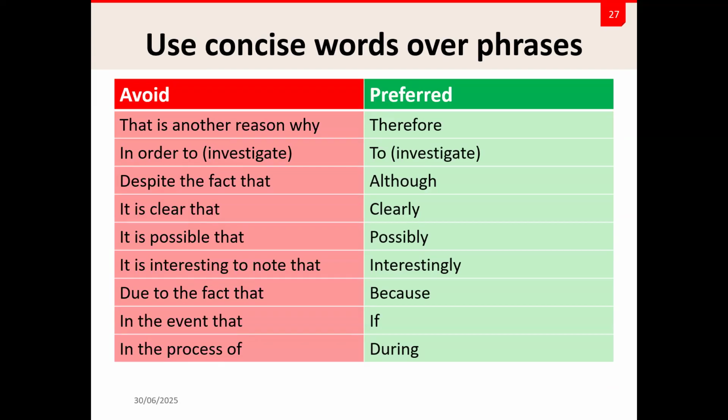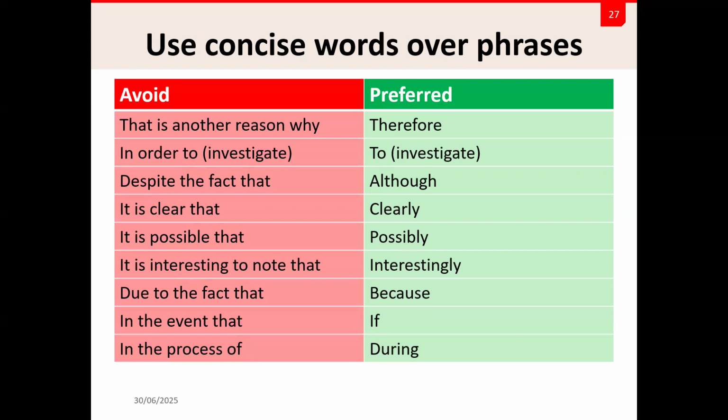Also use concise words over phrases. When you write your abstract, you could write "that is another reason why." Just delete it. Instead, write "therefore." "In order to investigate": most people write this. Just delete it and simply write "to investigate." "Despite the fact that" can simply be "although."